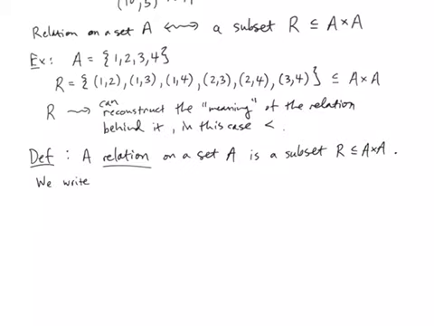We write X R Y, and read that X is related to Y, for X comma Y in R. And so if the ordered pair XY is in that subset, then we'll write that X is related to Y as X capital R Y. And X capital R Y exactly just means, in terms of this definition, that the ordered pair XY is in that subset R.